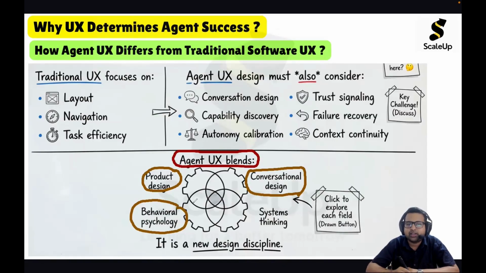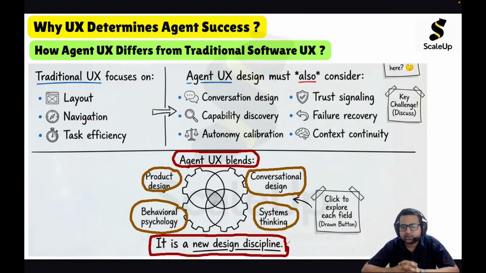And agent UX blends systems thinking. Agent UX should understand how the underlying model, the data, and the user interface interact as a feedback loop. So now we are talking about a completely new design discipline, because it's very clear that UI UX for agentic AI systems is very different from traditional software.